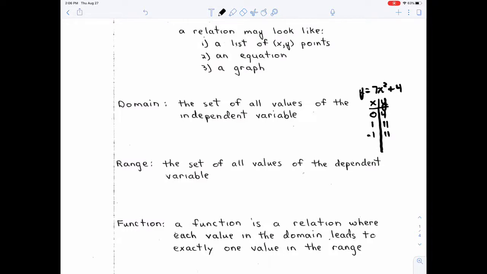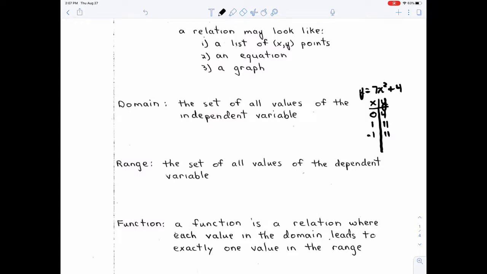Well, think about what the words independent and dependent mean. Which is the independent variable here? Which is the dependent variable? Take a second, pause the video and think about it.